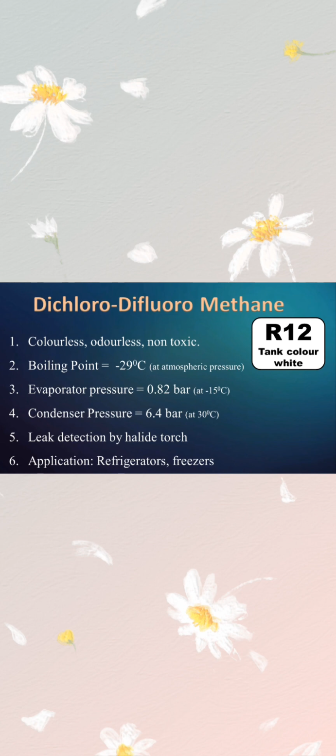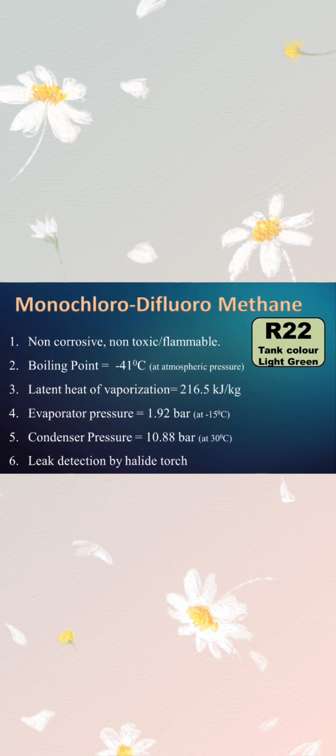It has a lower latent heat of vaporization, which helps to use a less sensitive regulating mechanism in the system. R12 finds applications in small refrigerators. R12 leak detection can be done by halide torch. It has a white color of refrigerant cylinder. Applications of R12 are in refrigerators, freezers, AC systems which have rotary compressors.